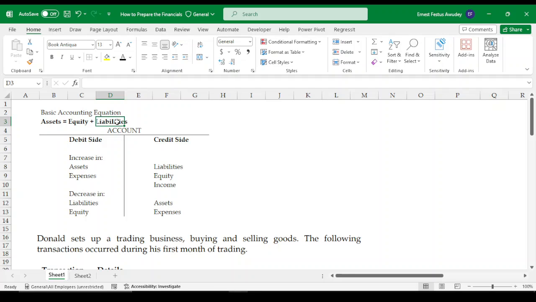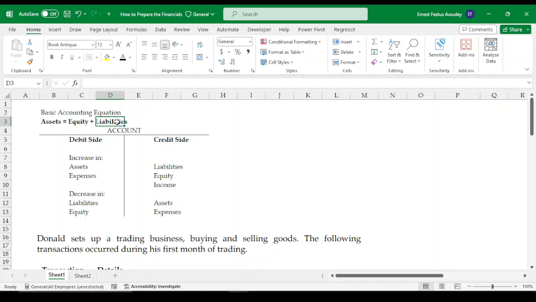Or we can say that your equity is actually the contributions made by the owners of the business. That is another definition which is acceptable. So your equity is the contribution made by the business owner. If it is a company, by the shareholders.